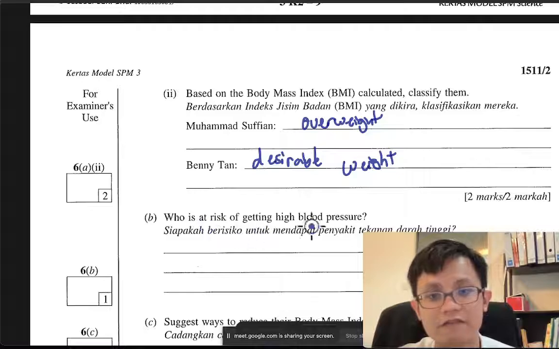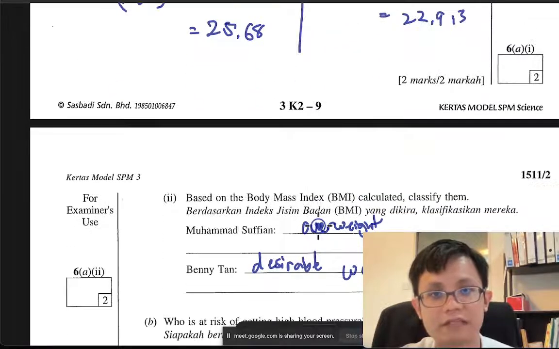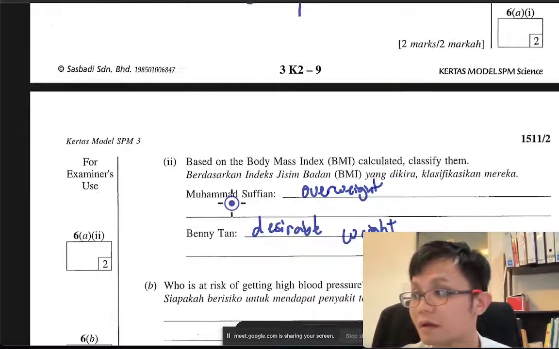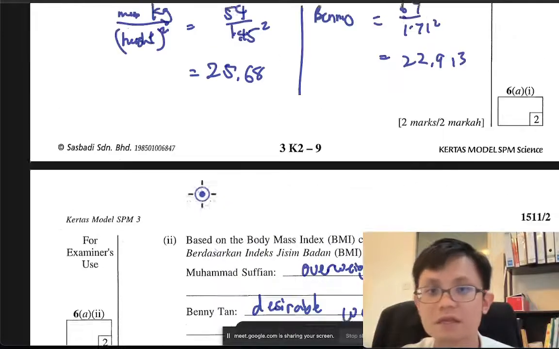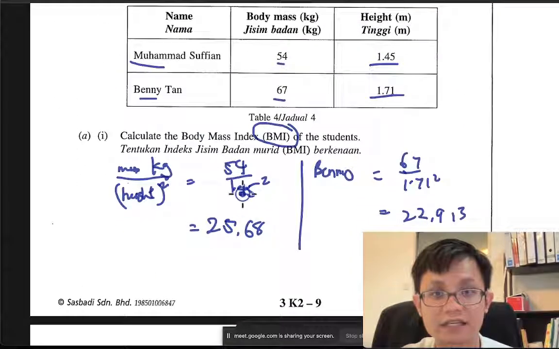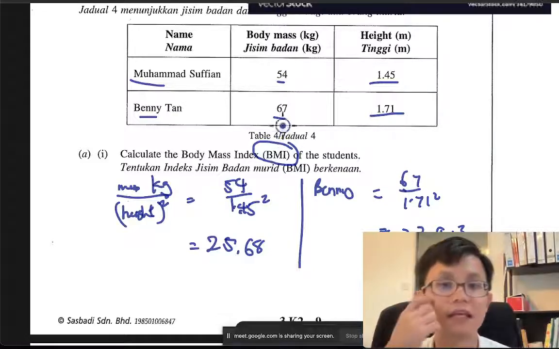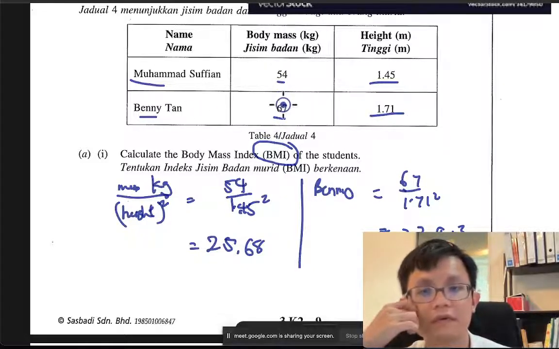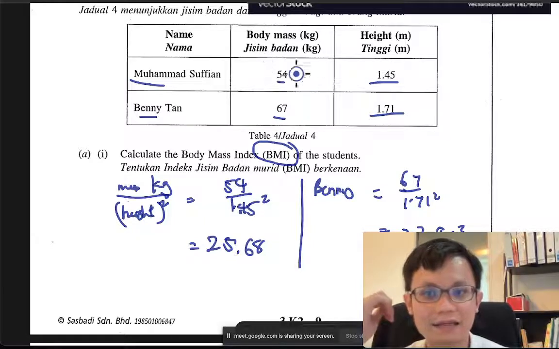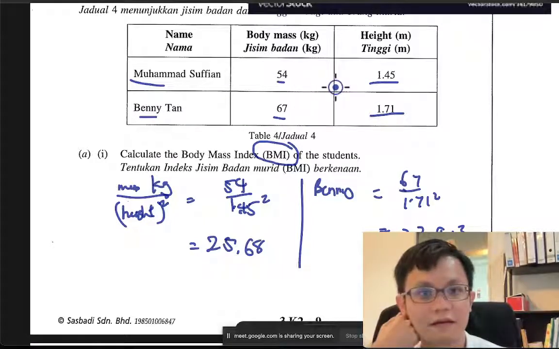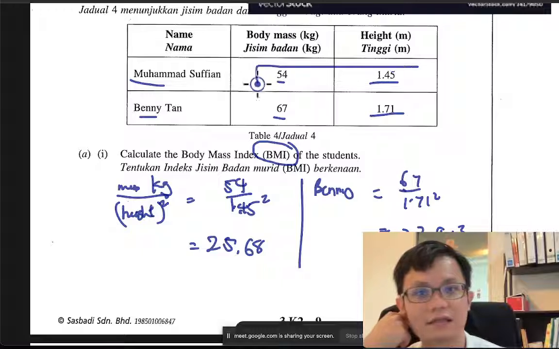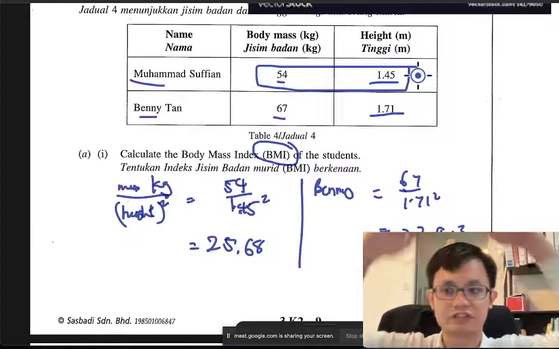Who is at risk of getting high blood pressure? Who is at risk? Muhammad Sufyan. This is a trick question: even though he is lighter than Benny Tan, his height is shorter, so he is a short fat guy.